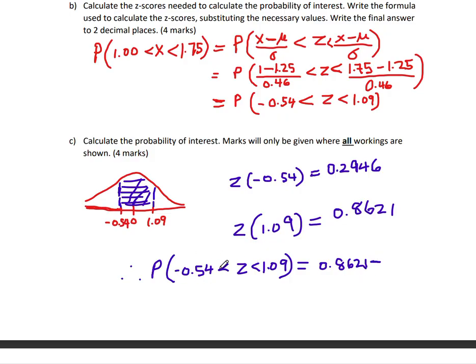Take away the probability associated with the lower of the two numbers, which is the probability for negative 0.54, which is 0.2946.